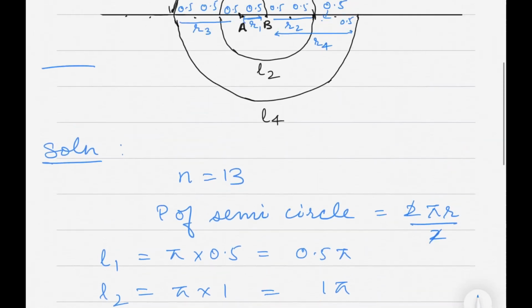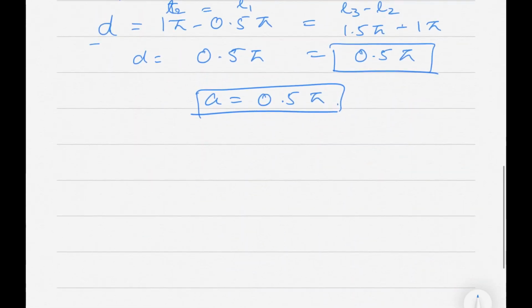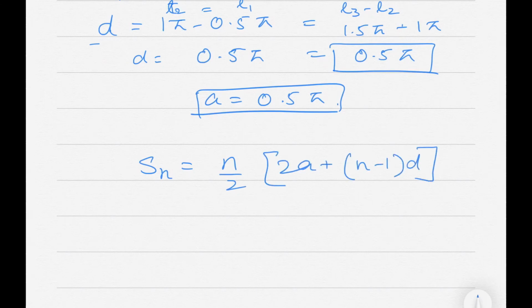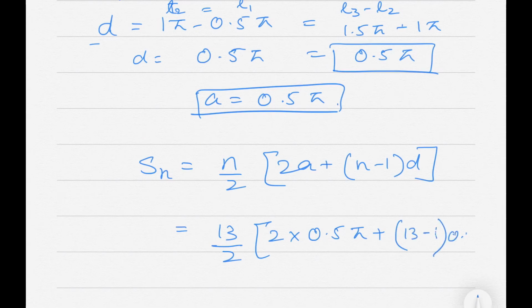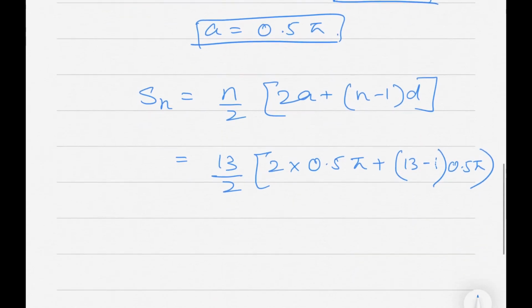N I know, then I have to find the sum of n terms, right? So Sn is equal to n by 2 into (2a plus (n minus 1) into d). Now my n is equal to 13 because they gave it as 13, so 13 by 2, and 2 into 0.5 pi plus (13 minus 1) into d, which is 0.5 pi.